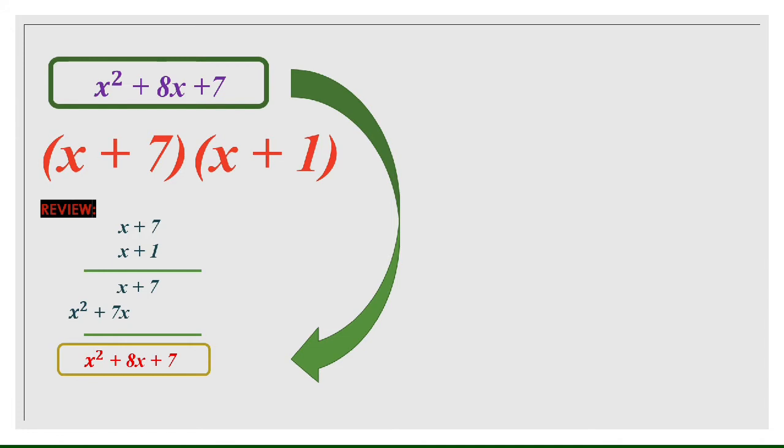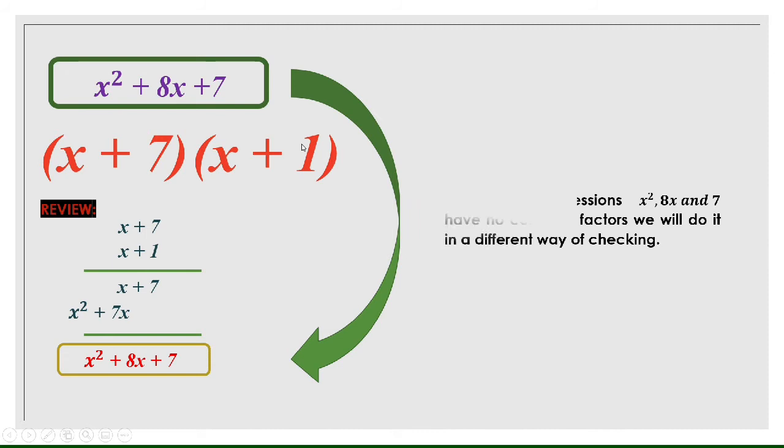So like what I've said to you earlier guys, ang ibibigay sa inyo ng teacher nyo ay ang quadratic equation. At ang hahanapin ninyo ay ang factors nitong quadratic equation. So like what I've discussed before, para makapag-factor out tayo ng isang algebraic expression, we need to check what are the common factors for this expression.